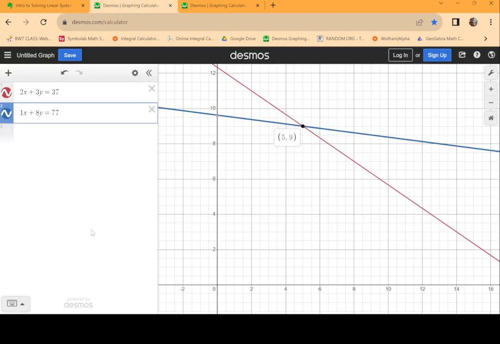If I switch over to the graph here in Desmos, I use X for W and Y for my T variable. You see we do in fact have 2 lines for our linear system, and the solution is where they intersect, where they cross, and that happens to be 5, 9.